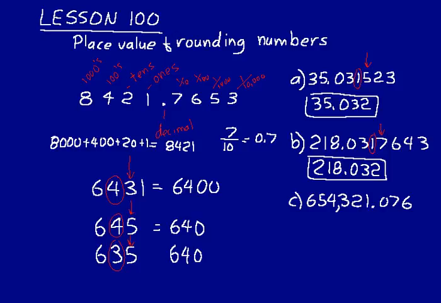Practice problem C, I want you to round that to the nearest 10,000. And so you circle the 5, because that would be in the 10,000s place, and put an arrow over the 4. That's less than 5, so we leave the 5 as it is, and we just round this to 650,000. And we don't really need our decimal point anymore.